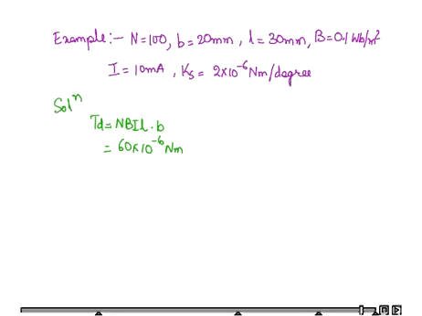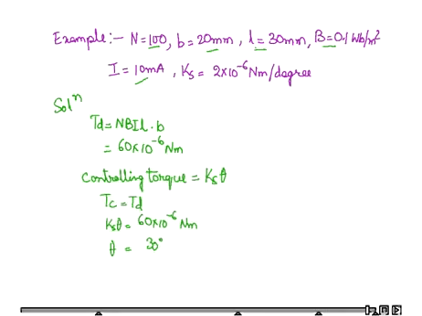So putting the values here, N is given, capital B is given, I is given, L is given, and small b is given. So putting the values, I get this. We know that the controlling torque and the deflecting torque are the same. Controlling torque is given by Ks theta. So Ks, the spring constant, is given, theta is the angle of deflection. So we can calculate theta by using this, and theta comes out to be 30 degrees.